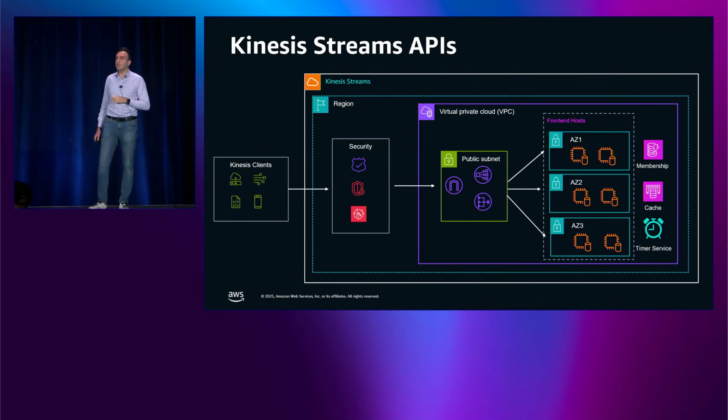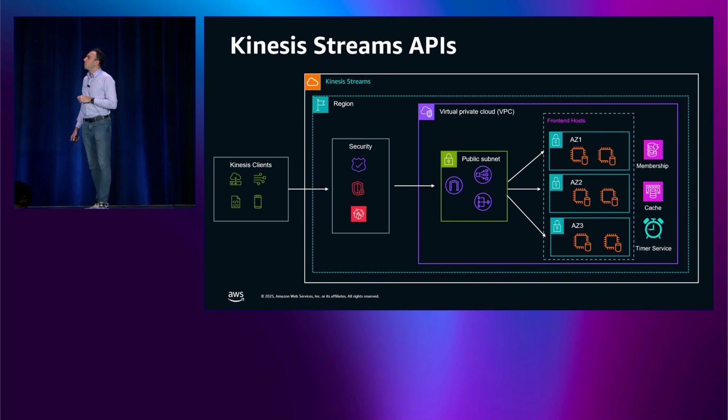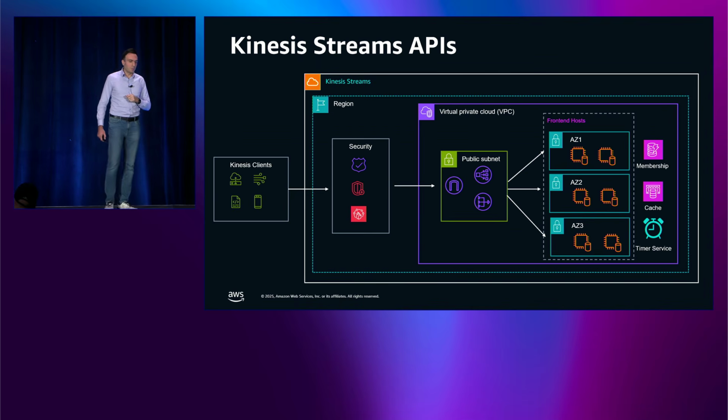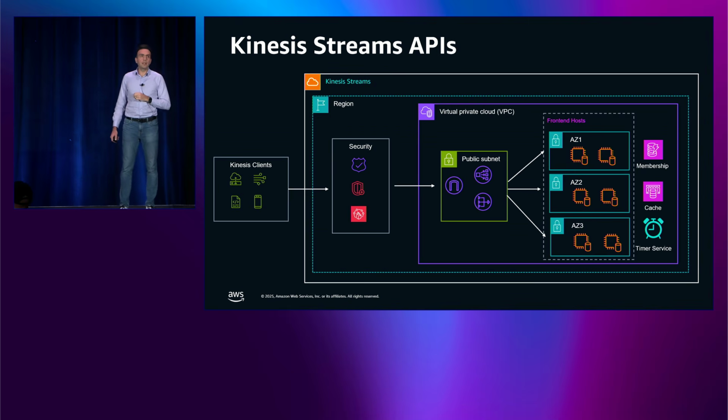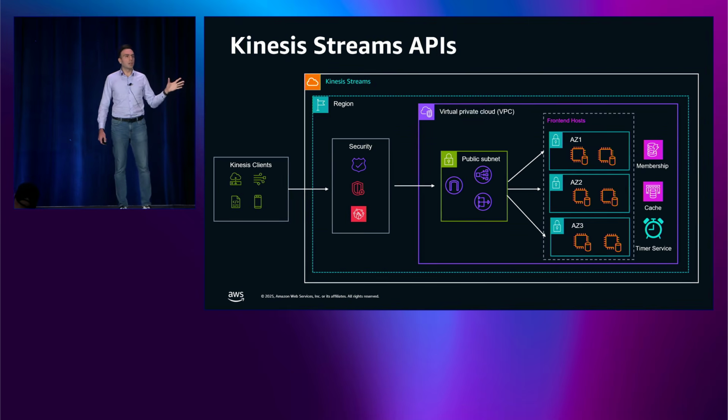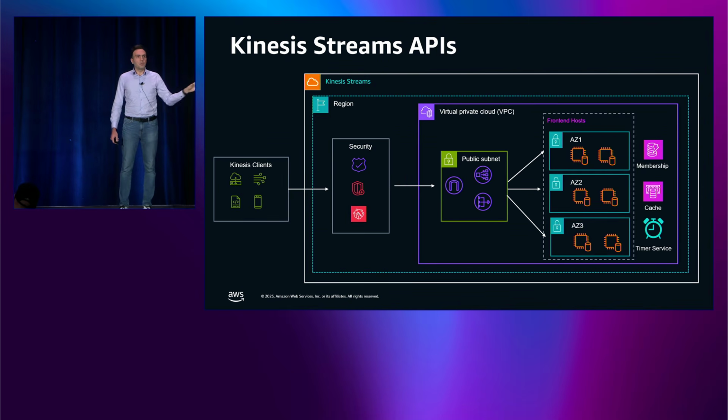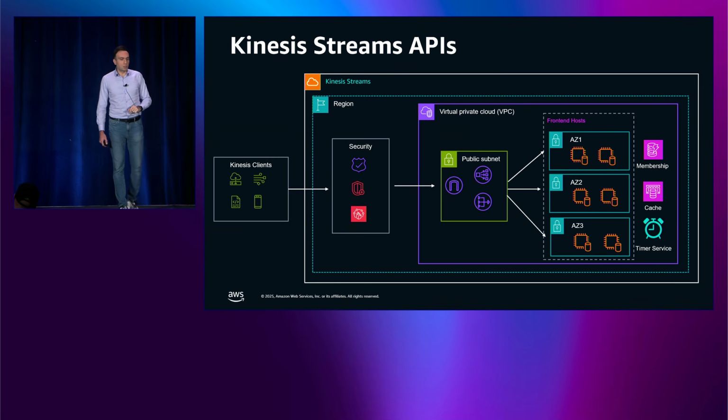Therefore, engineers built the entire front-end fleet, abstracting all that complexity away from customers by exposing a single API. Through a single API, you would be able to collect data across various sources and bring that into your network infrastructure.